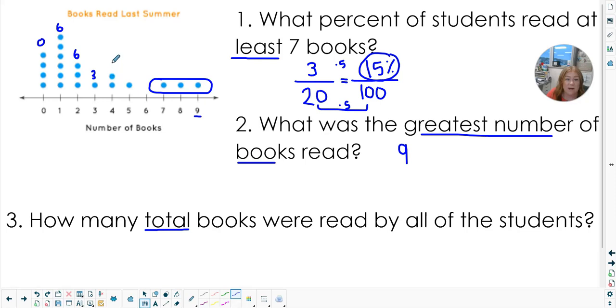This person read 4, and 4 makes 8. This person read 5. This person read 7. This person read 8. And this person read 9. So we want to add those all up and put your answer there. So you're going to add 6, 6, 3, 8, 5, 7, 8, and 9. All the books together, put your total there.